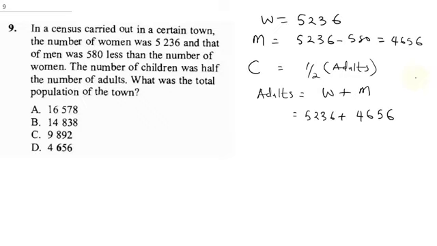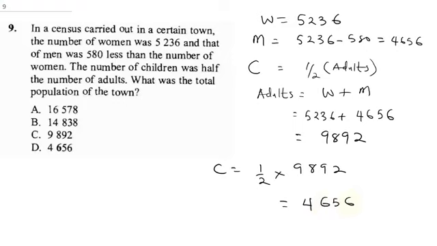Okay, so this will give me 9892. Therefore children will be half times 9892, and this will give me 4946. So this is my final answer. Therefore the correct answer here is going to be what?